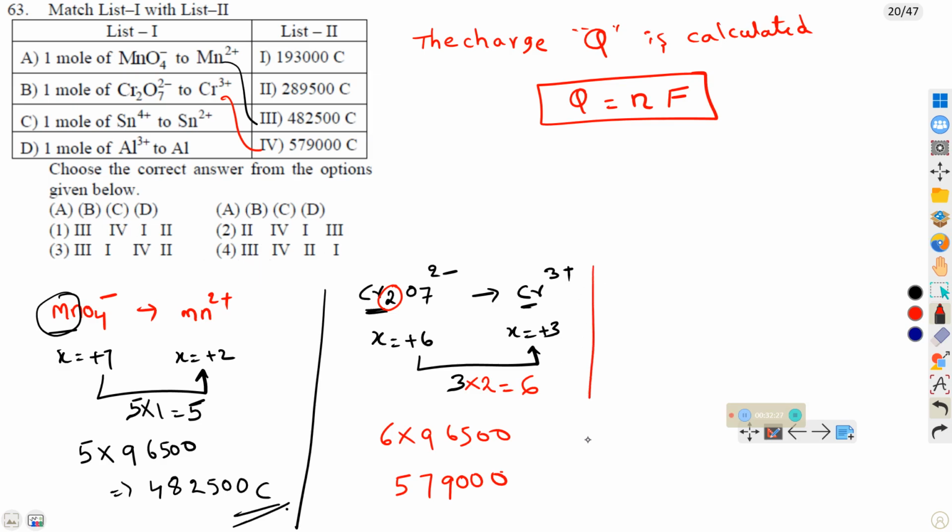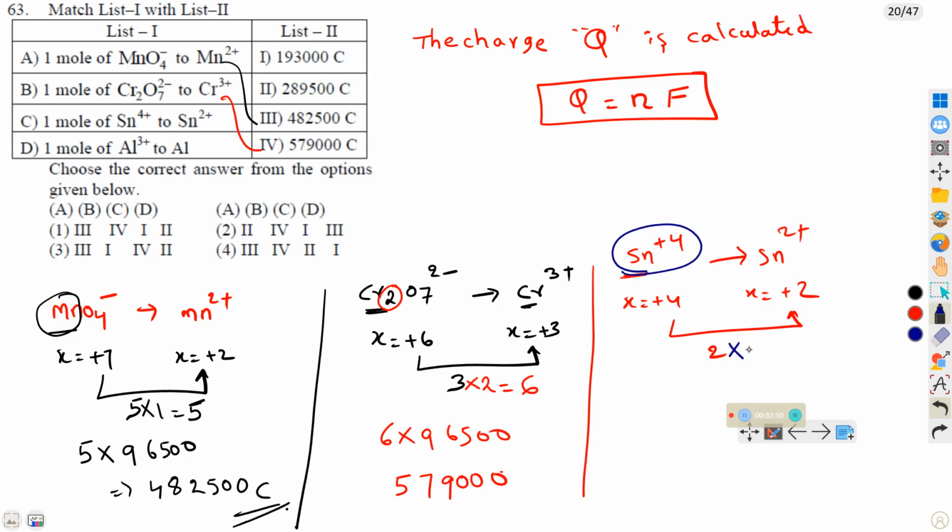Okay. Sn4 plus converted to Sn2 plus. X is equal to plus 4. X is equal to plus 2. Oxidation number difference is 2. For the n factor, on the left side only 1 tin is present. So multiply with 1.